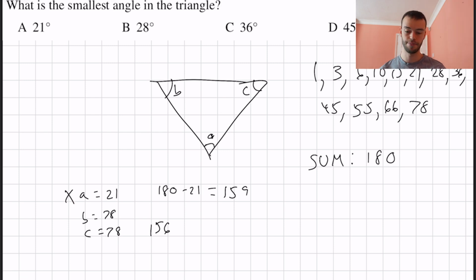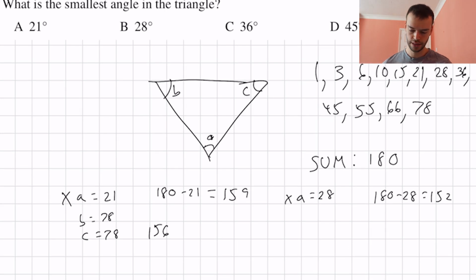Now let's try the bigger number after that, which is 28. So when A equals 28, what does my target need to be? 180 minus 28, which is 152. So if I can find 2 numbers that sum to 152, then I would be done. Is that possible though?